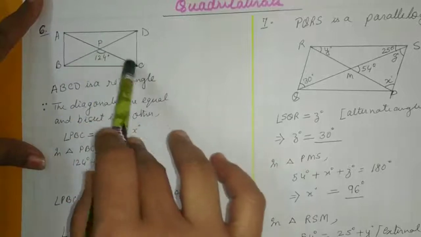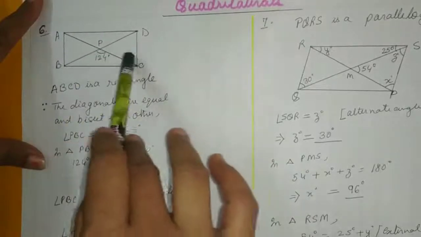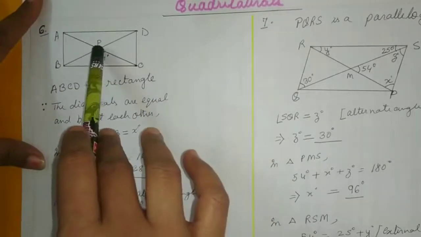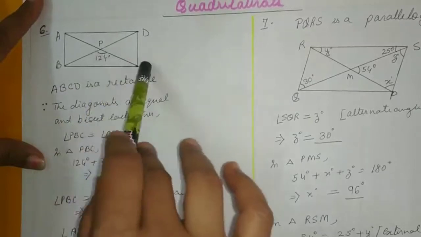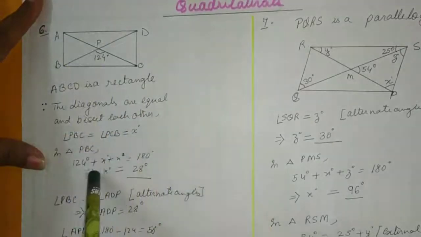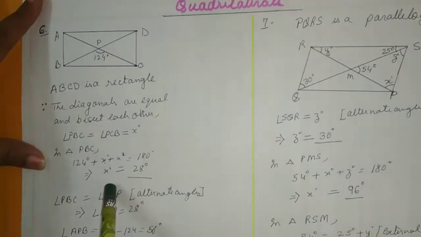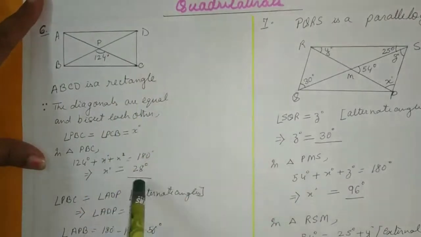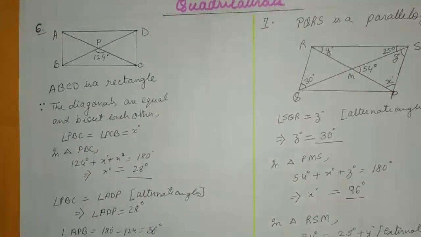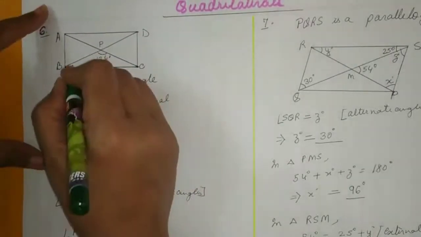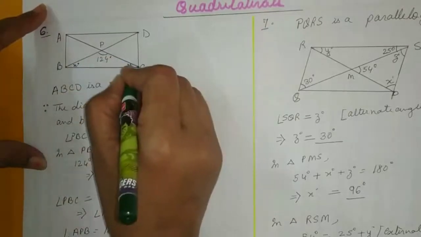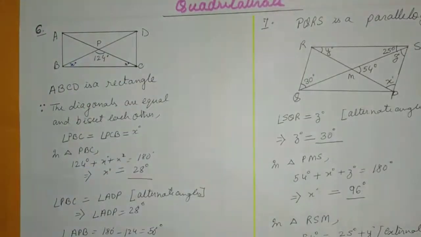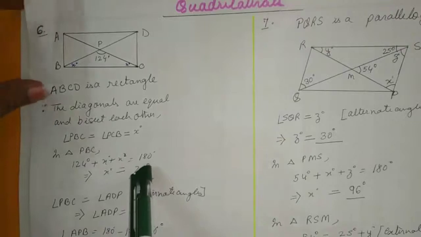If BP and PC are equal, in triangle BPC, angle PBC is equal to angle PCB, and we know the isosceles triangle property. Now, this is X degrees and this is also X degrees. So each is equal to 28 degrees.